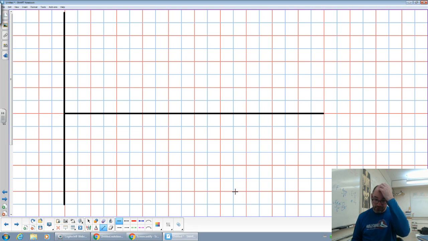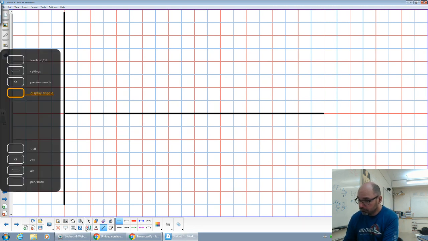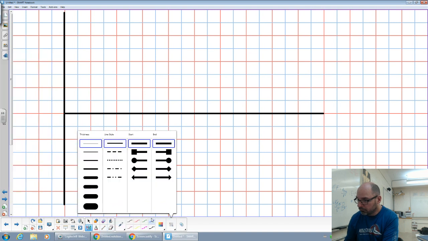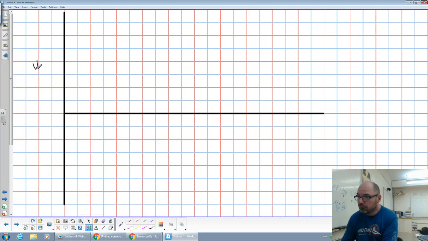Let's say that as we're going on the y here, this will be 0, this will be 10, 20, 30 going up, and negative 10, negative 20, negative 30 going down.